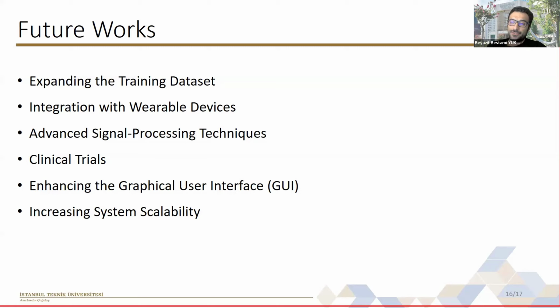Clinical trials and enhanced graphical user interface features like trend analysis or alerts for the pulse rate will refine usability, while advanced cloud computing will scale the system for broader healthcare networks.